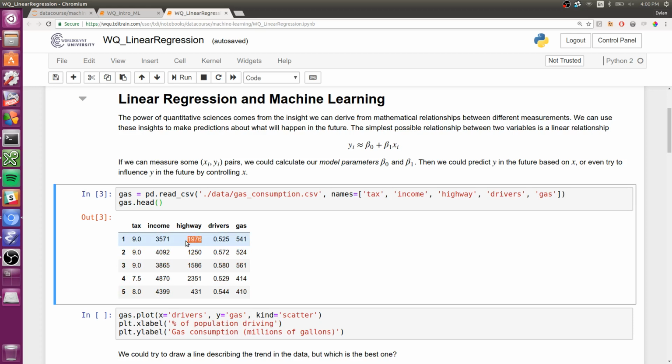Or maybe more highways leads people to consume more gas because now they start driving to places that previously they could not reach easily by car. So we might be interested in trying to predict how much gas a region might consume as we make different policy decisions that could influence some of these factors.